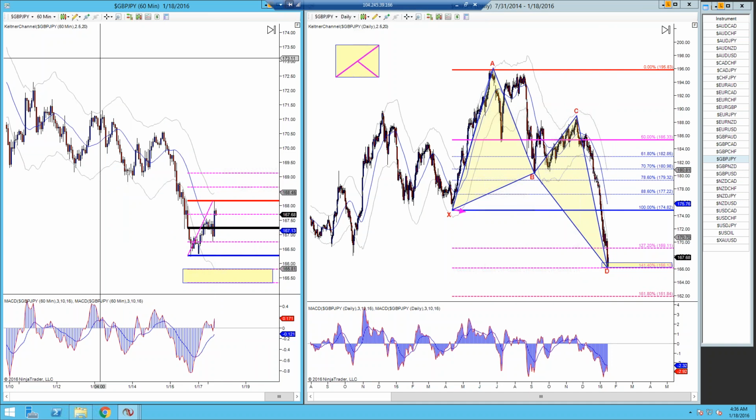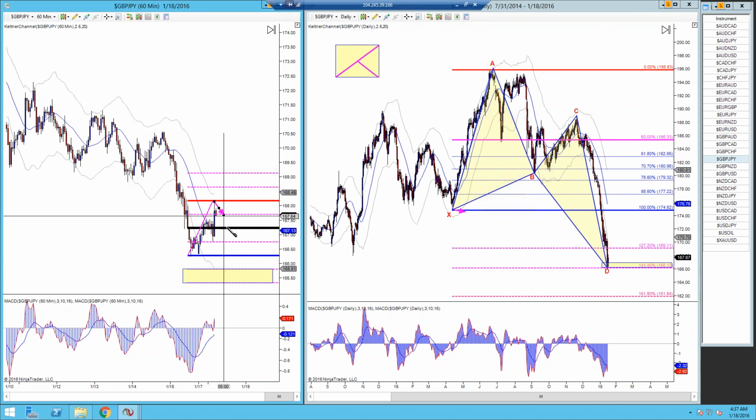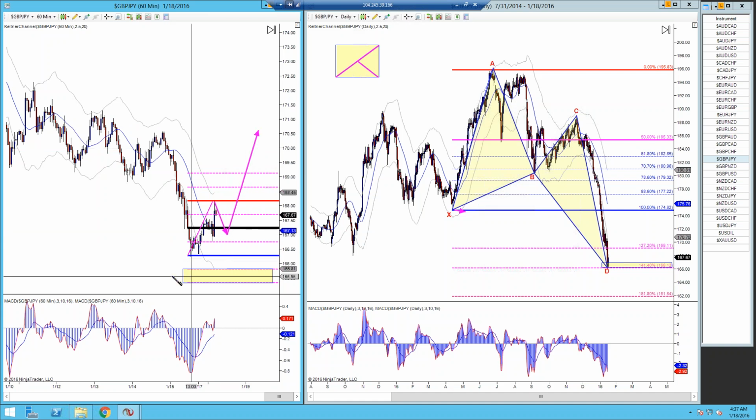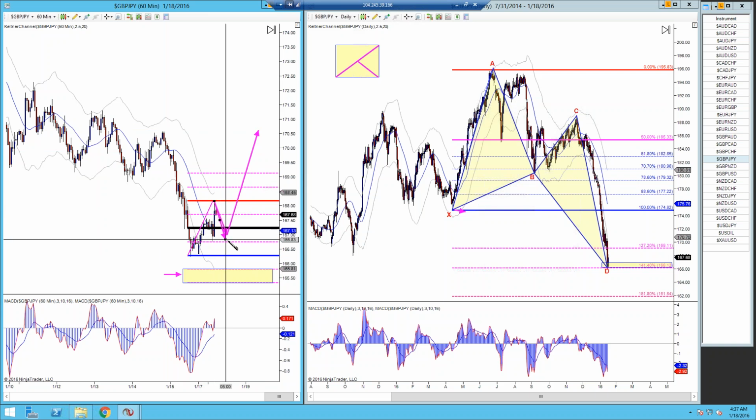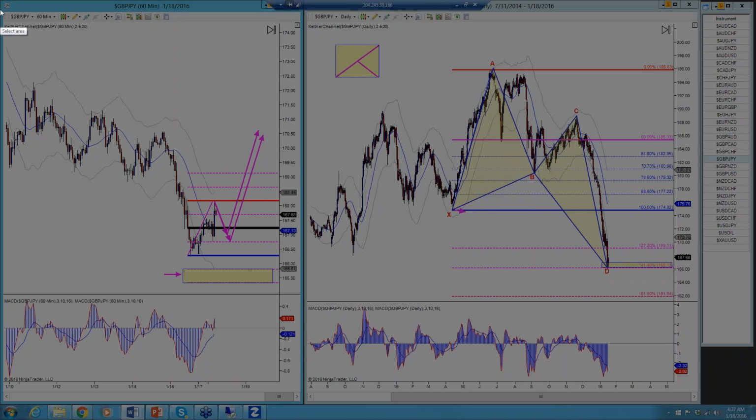So even if you're buying the pullback, guys, you're looking for your risk down here. You're looking for a retracement. Even if it comes a bit deeper initially, that's fine. Not a big deal. You're looking for a higher time frame move on this particular product. So what I'm going to do is I'm going to draw this out.